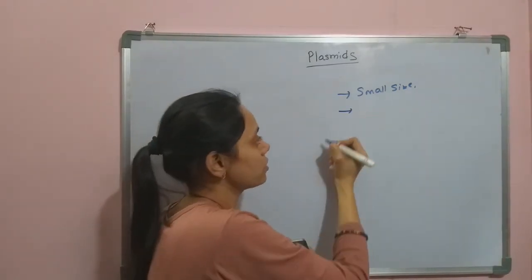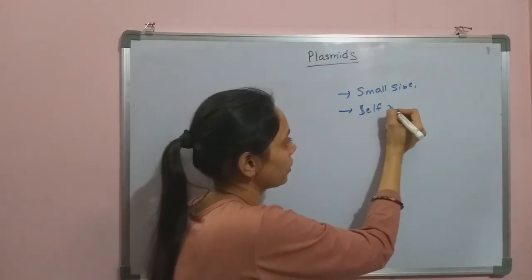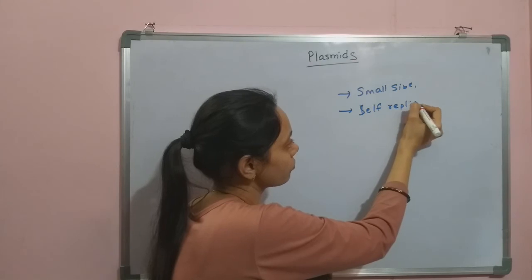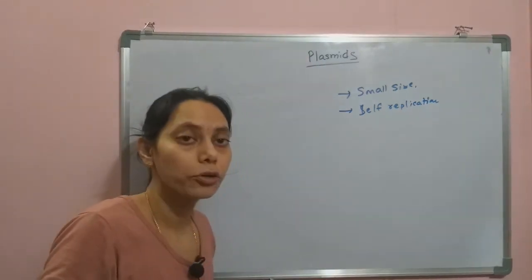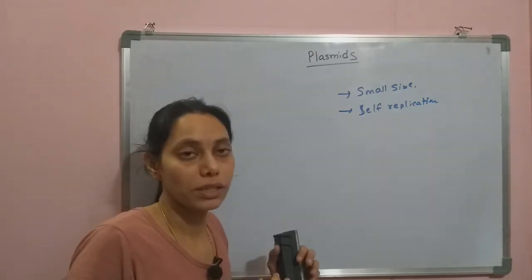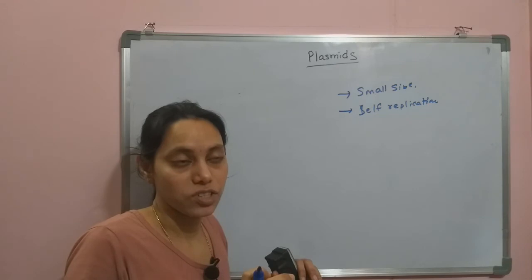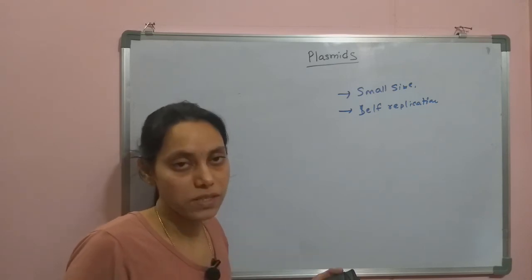So due to their small size and self-replicating ability. If they are to be used as vectors, first they need to have self-replication so that they can maintain the target gene whenever they copy and amplify themselves.